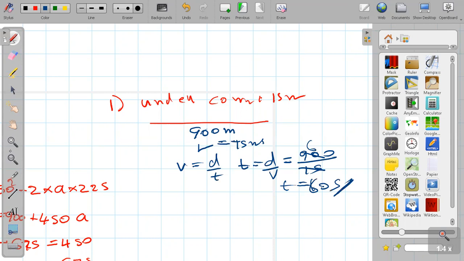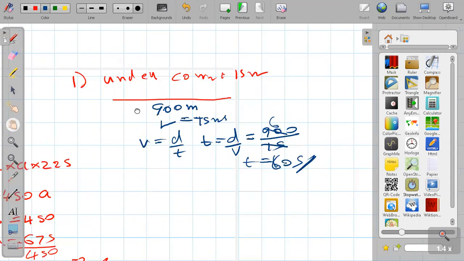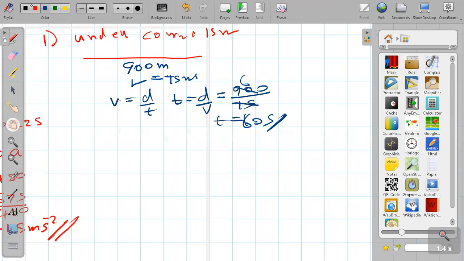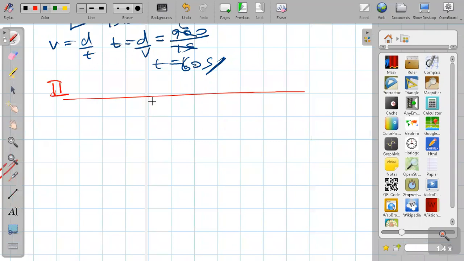In the first scenario, if he rides at constant velocity, it's going to be 60 seconds. In the second scenario, he decided against it and underwent acceleration and deceleration. We don't need to find the first time because it's given as 30 seconds.